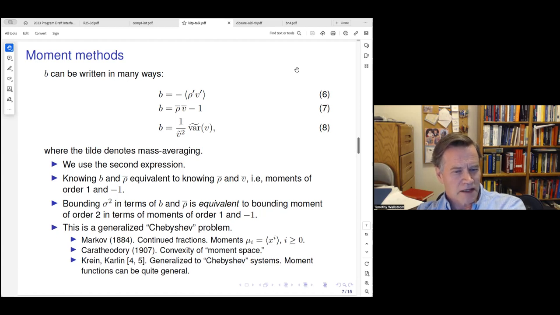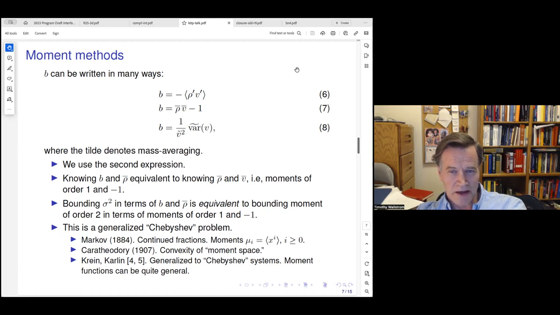But finally, in the 1950s, Mark Krein and Sam Karlin came up with a method generalizing this to Chebyshev systems. And the point of all these generalizations is that the moment functions don't have to be these classical monomials with positive exponents. They can actually be quite general. And so I'm just going to say a couple of things about the formalism.